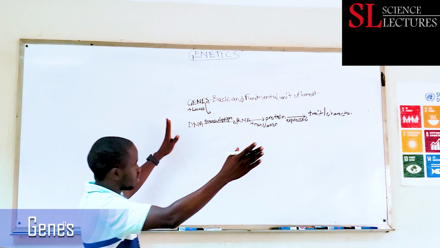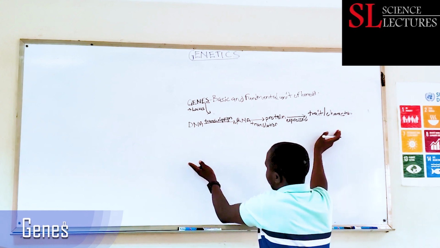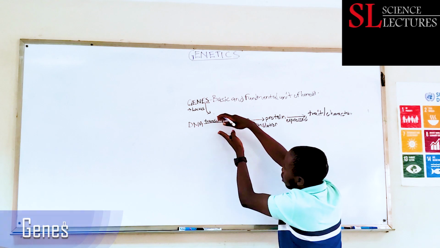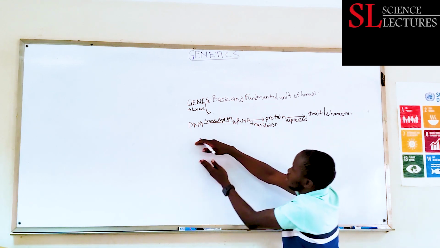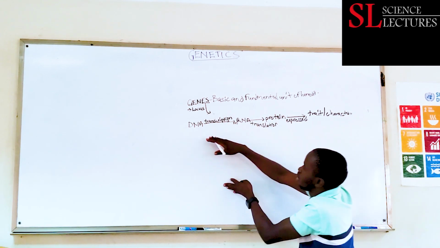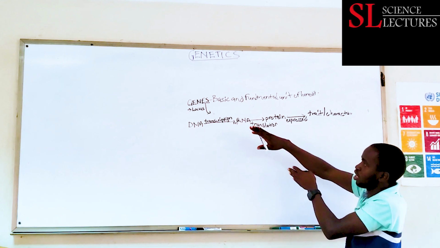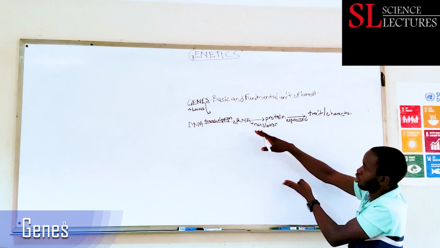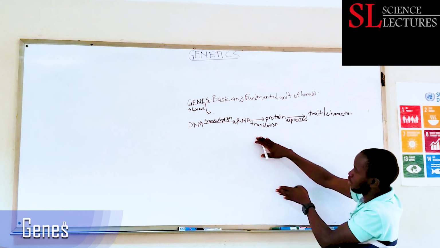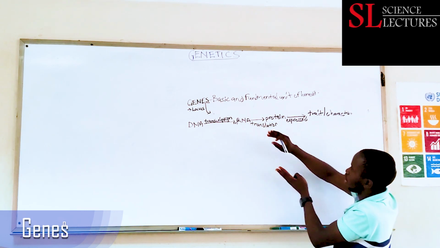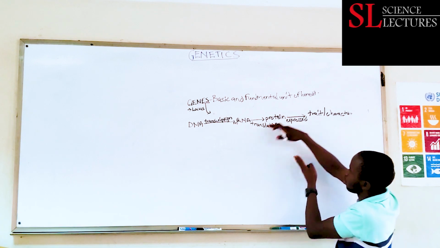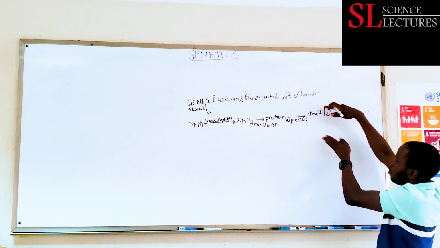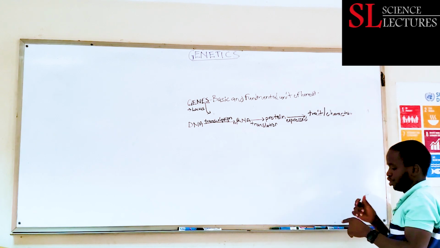So this summarizes the mechanism of gene action: the genes which contain DNA shall undergo transcription. That means they shall read the DNA, and the DNA shall produce a complementary strand of mRNA. This mRNA will move out of the nucleus to the cytoplasm, attach to the ribosomes, and within the ribosomes it shall be translated to form a protein, which shall be expressed, leading to the formation of a character or a trait.